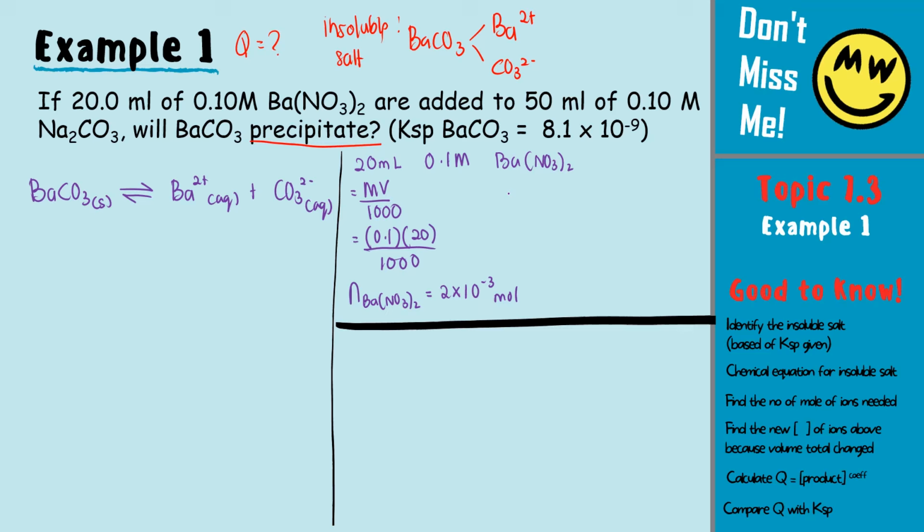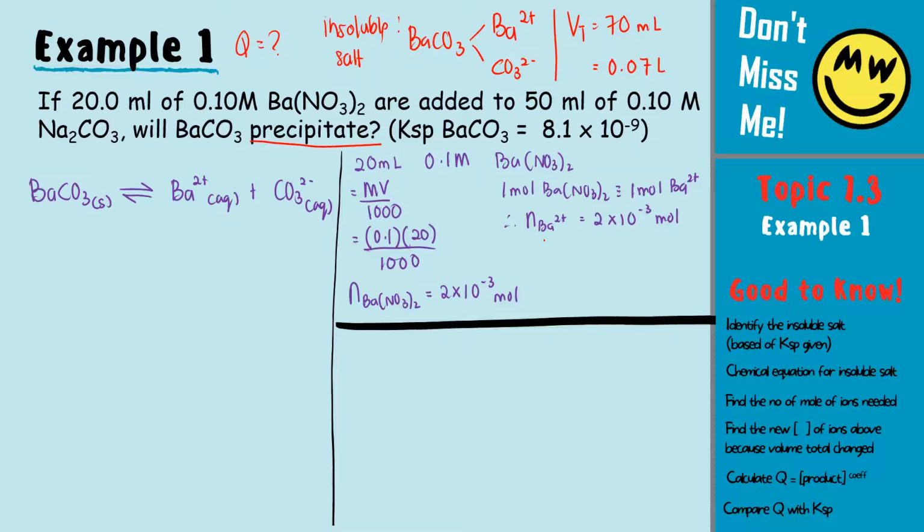But we need the number of moles of the barium. So 1 mole of your barium nitrate produces 1 mole of your barium 2+. Therefore, the number of moles of your barium 2+ will then also equal 2 times 10 to the power of negative 3 mole. Alright? But we do not stop at the number of moles. We want the concentration. So, to find the concentration, we need the new total volume. And the new total volume over here is your 70 milliliter, which is also equal to 0.07 liter.